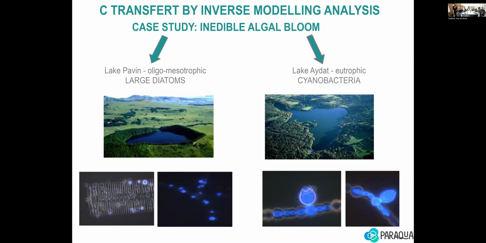Okay, so let's start with the inverse model analysis. During my PhD I studied eutrophic lakes, but we also studied an oligomesotrophic lake, where we observed a bloom of diatoms during spring that was heavily infected by parasites.